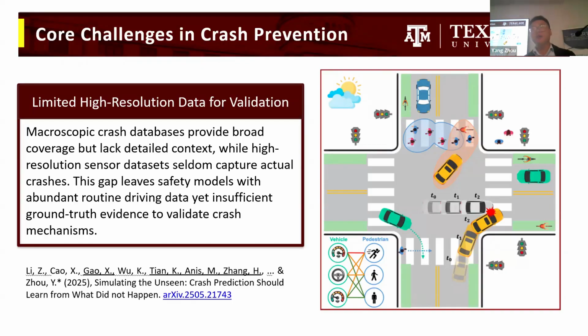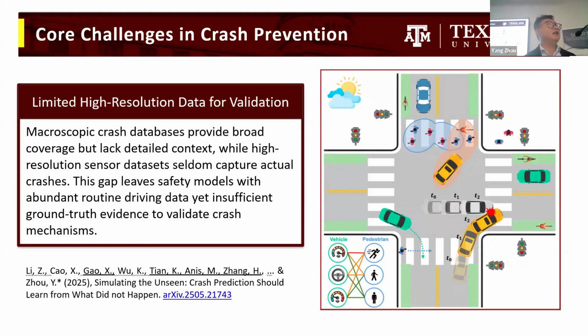If you want to do very detailed analysis in a microscopic manner, they lack high-resolution trajectories as well as vision data. And this leaves the safety models with abundant routine driving data, yet insufficient to validate the crash mechanism.